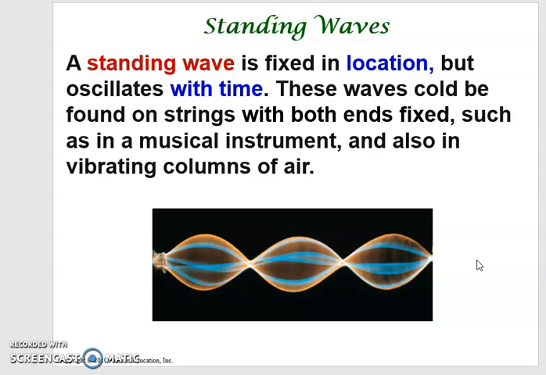This kind of standing wave is everywhere in our daily life. For example, when you play a guitar, it is an example of both ends fixed. The concept of the standing wave is simply the harmonic voice produced by the guitar, for example the D minor or C minor. That is the standing wave.